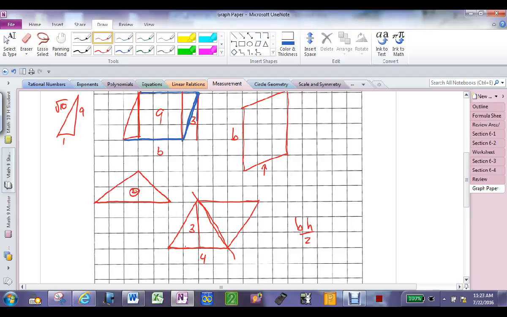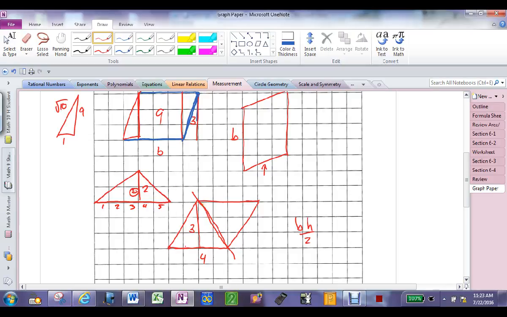What's the base? 3? 4. 1, 2, 3, 4, 5. What's the height? 2. See? Already you're screwed up.